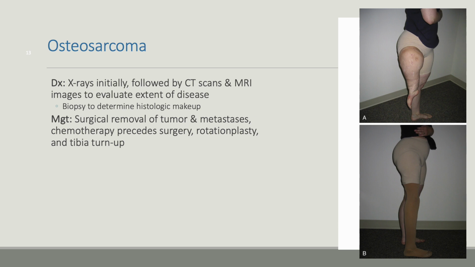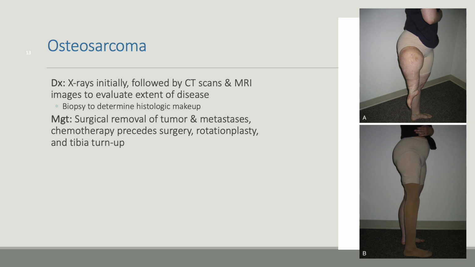It is diagnosed usually with initial evaluation with x-rays to identify bone abnormalities, which is then followed up by CT scans and MRIs to assess the extent of the disease and involvement of surrounding tissues. Biopsy is crucial to determine the histologic type of tumor. Management involves surgical removal of the tumor and any metastases.